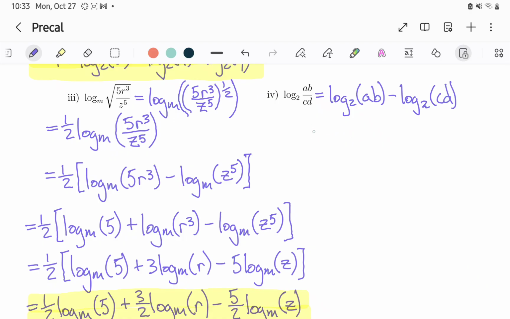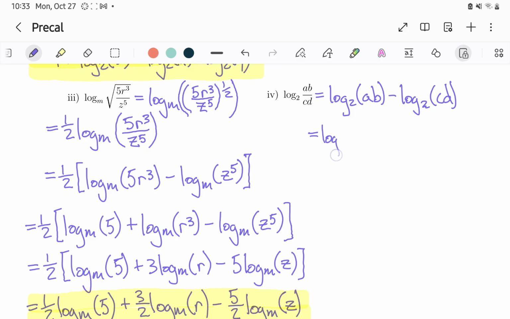Then we can use the product property on each of the two terms. We want to be careful to distribute the minus over the two terms that we're going to get when we use the product property on log base 2 of c times d.